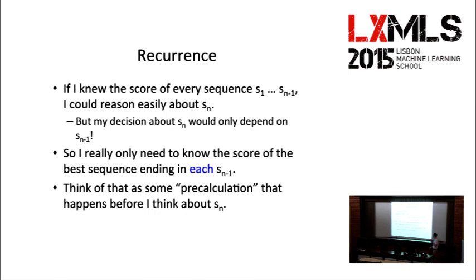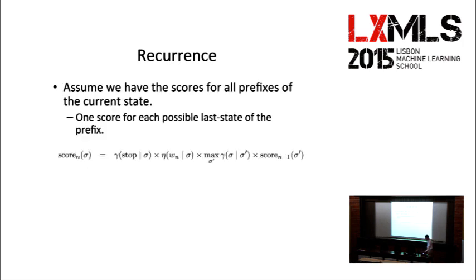So the way I like to think about it is that I'm going to do a pre-calculation. Before I get to Sn, I'm going to calculate the score of the best sequence ending in every possible predecessor state. Let's formalize that a little bit more. Assume that for every prefix of the current state, I have a score, which is the best score for the n-1 length prefix ending in, call it, sigma prime.